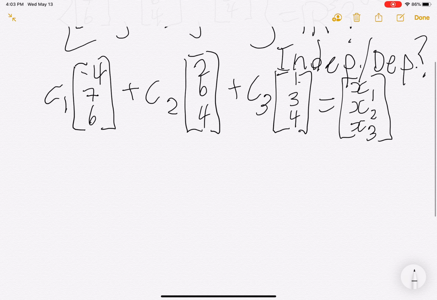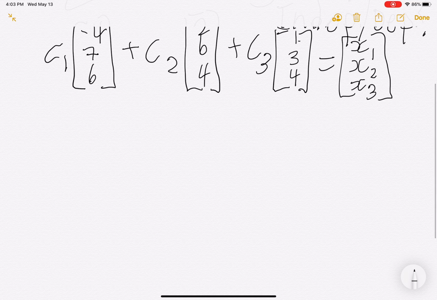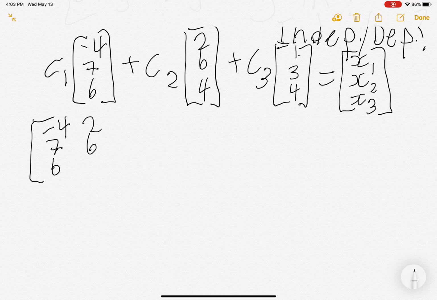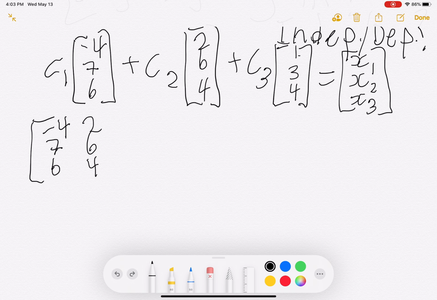So firstly, I'm going to use Gauss elimination. It's probably the most simple way of doing so. Gauss-Jordan elimination specifically. So let's put these column vectors into a 3x3 matrix. 1, 3, 4.